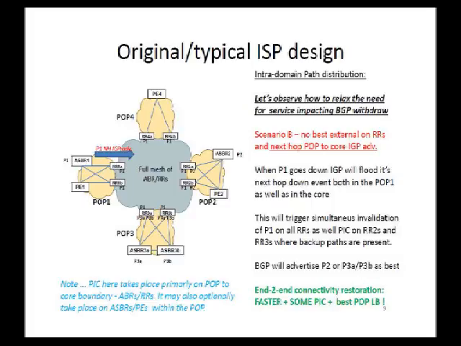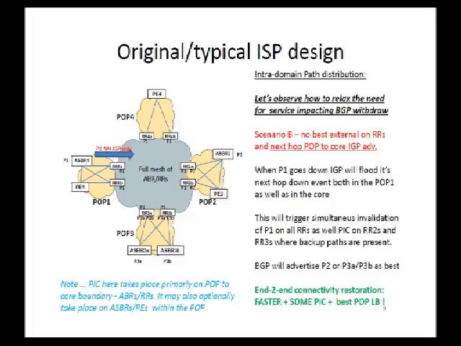So in this particular picture, we don't enable best external on the POP to core boundary yet. We're just advertising the next hop reachability, or next hop down event, in fact, in the IGP, which causes RR2 and RR3 to invalidate the path which is basically wrong and calculate the new best path.